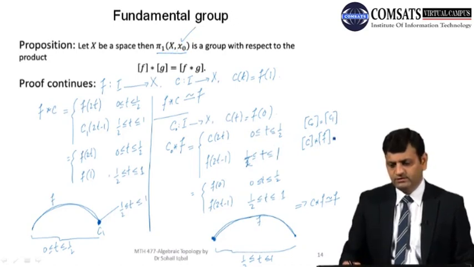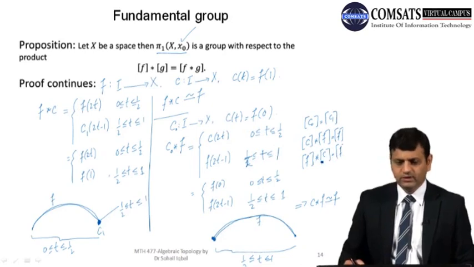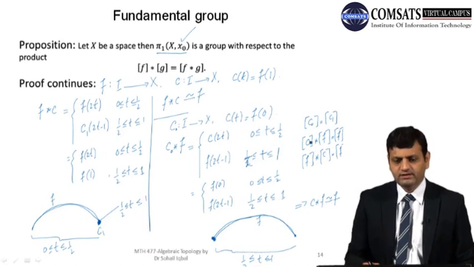So the path class of c star f is homotopic to f, and similarly the path class of f star the path class of c is equal to the path class of f star c, which is homotopic to f. So basically they are equal. So now we have shown that there exists an identity in this set as well.